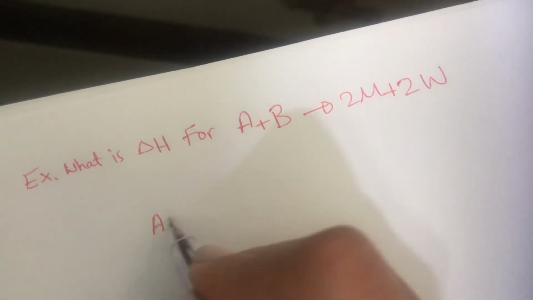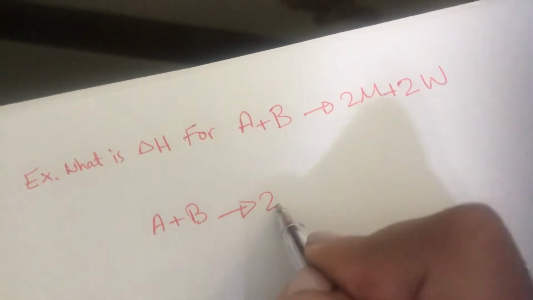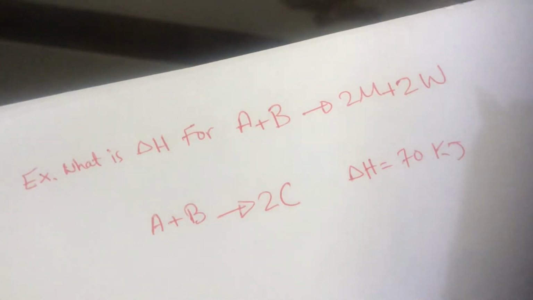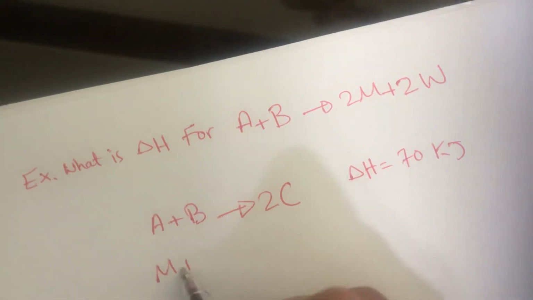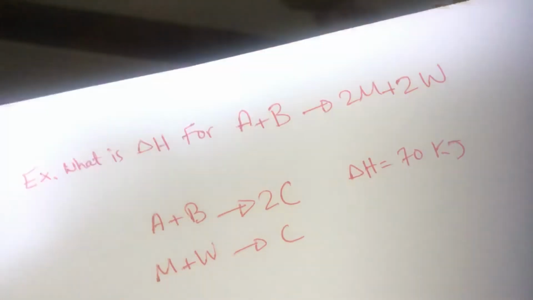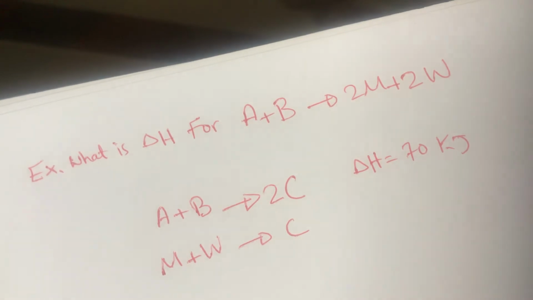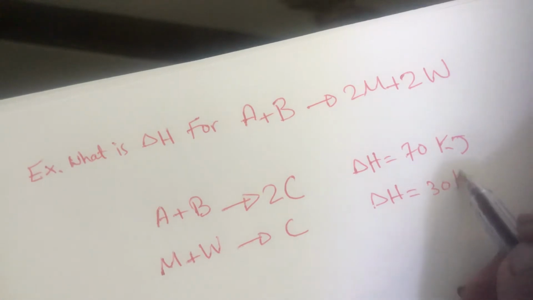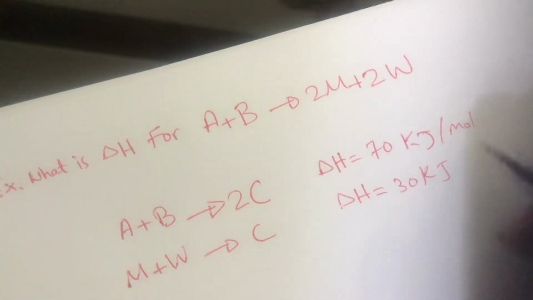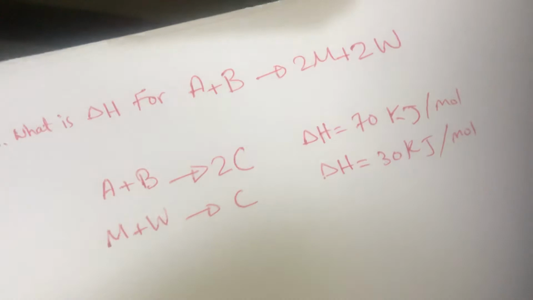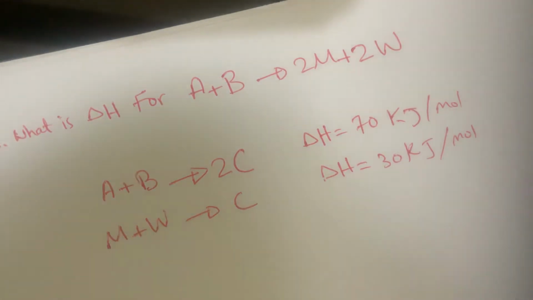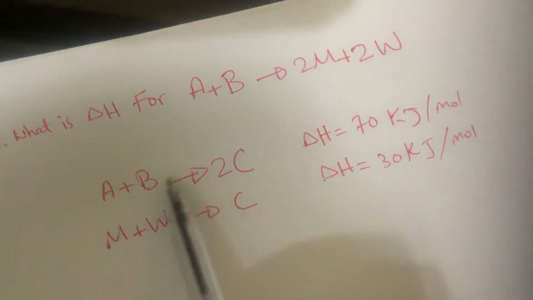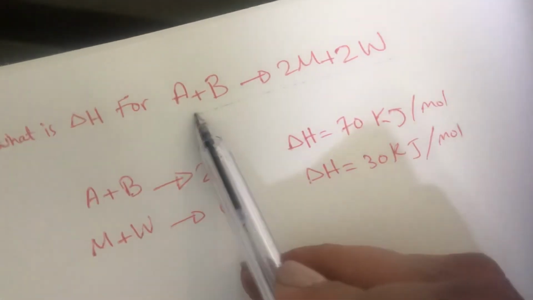If A plus B produce 2C, delta H equals 70 kilojoule, and M plus W produce C, and delta H equal 30 kilojoule per mole. The idea is you have to rearrange these reactions to get this reaction.